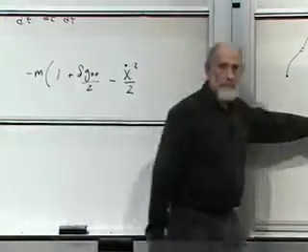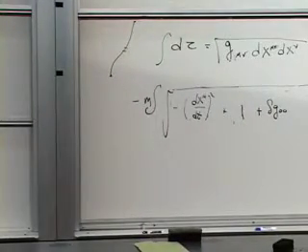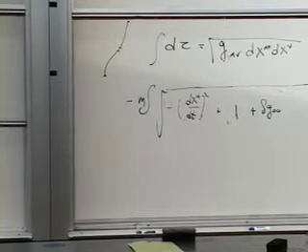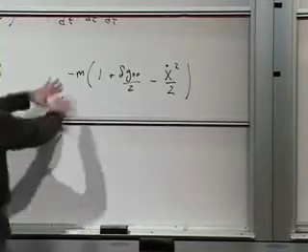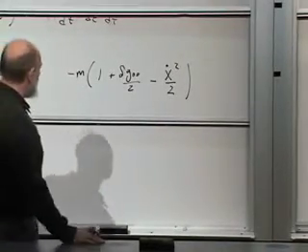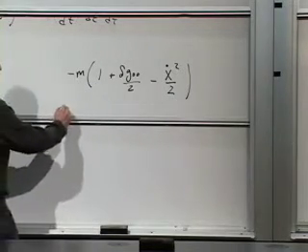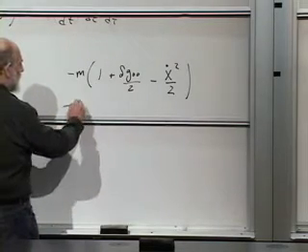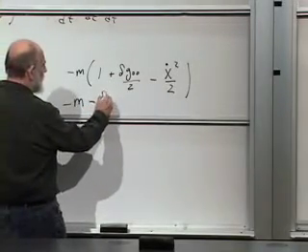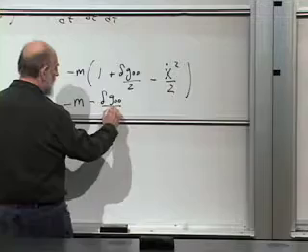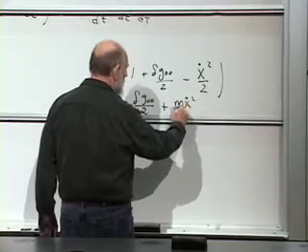That's this term over here. Do I have it all right? The first term is minus m. It's actually correct, minus m. The next term is minus m delta g naught naught over 2. And then plus m x dot squared over 2.